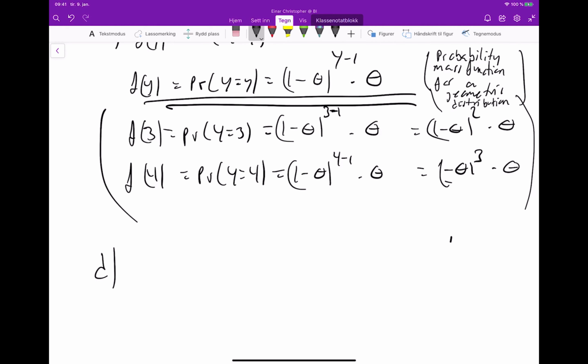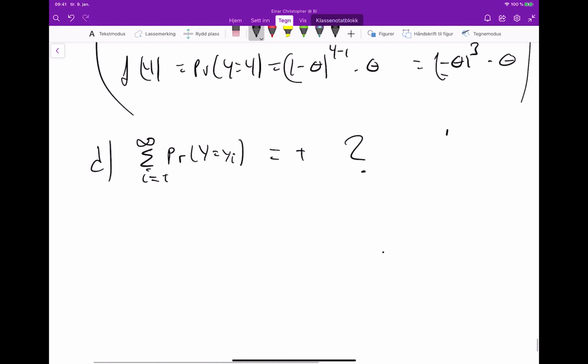But now let's check the more interesting thing here. That is that the sum from i equal 1 to infinity of the probability of y equal y_i is equal to 1. That is what we have to check. So then we have to write out this sum.